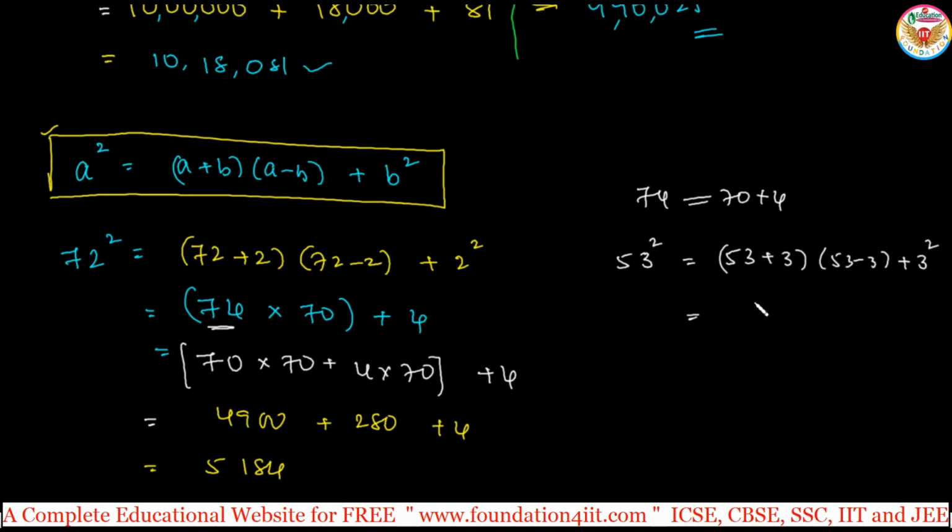So I make it like this, 56 into 50, one set, plus 9. The 0 is just asked, only multiply 56 by 5. 5 sixes are 30, 3 carry, 5 fives are 25, 28, plus 9. So 2809. So this is one way using the two formulas that you can follow.